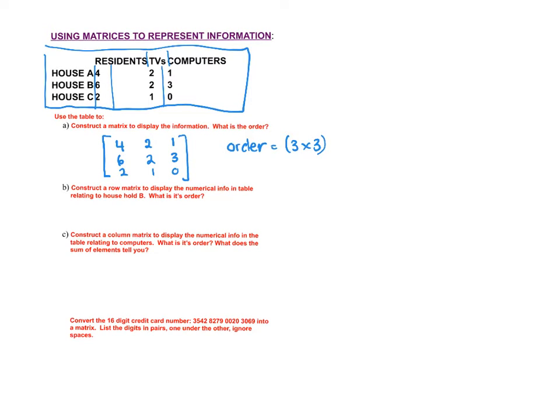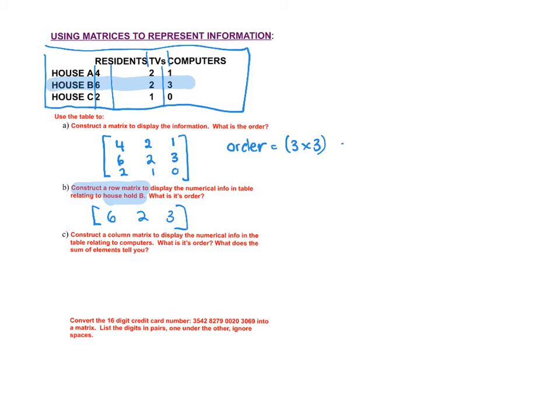In the next bit, it says construct a row matrix to display the numerical info in the table relating to household B. That would just be this information. So we're going to construct a row matrix. We'll just see 6, 2, and 3.